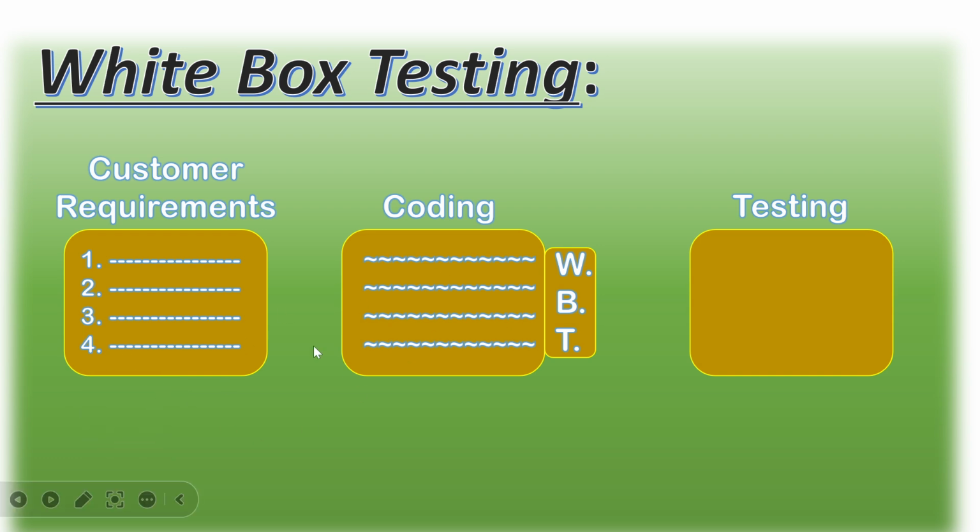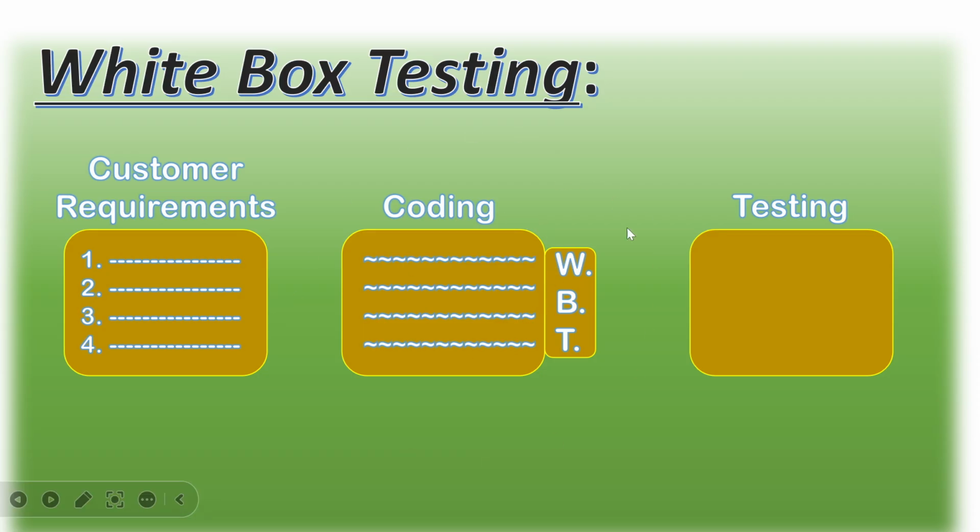Next, once this is completed, we have the coding which is done by the developers. And once the coding is done, developers do one round of white box testing to make sure whatever code they have written is correct or not.